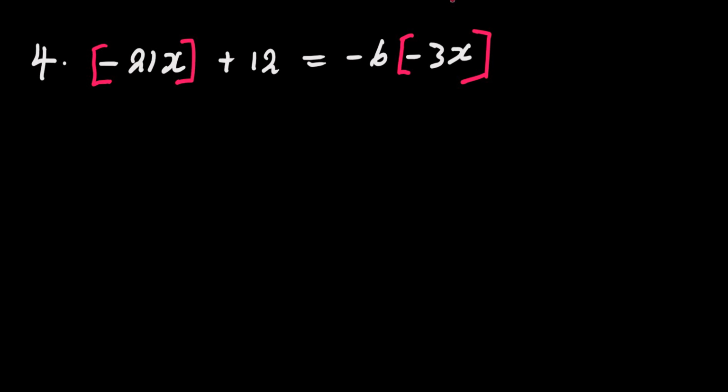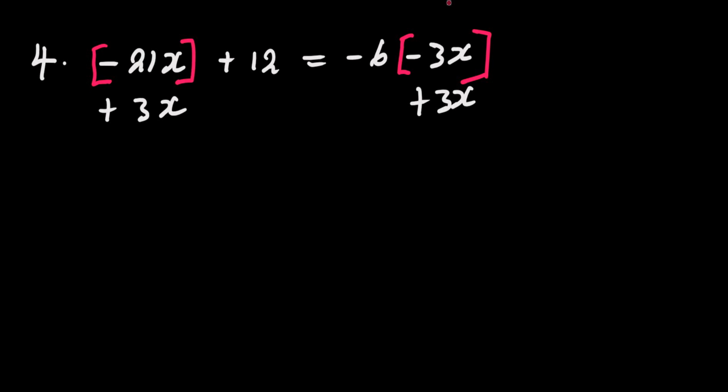So we can only do that by adding the opposite of negative 3x to it. So the opposite of negative 3x is positive 3x. All right, add that to both sides, plus 3x.